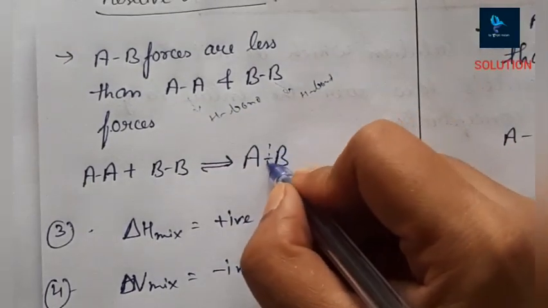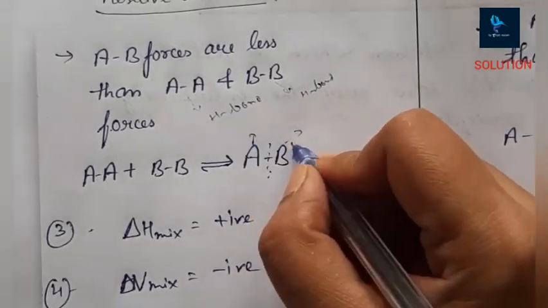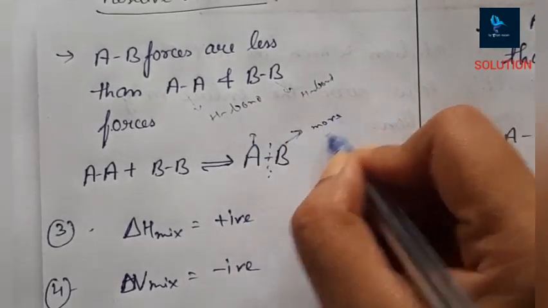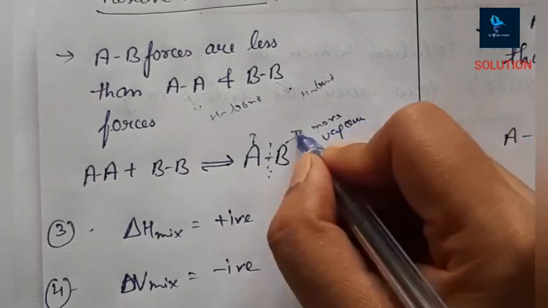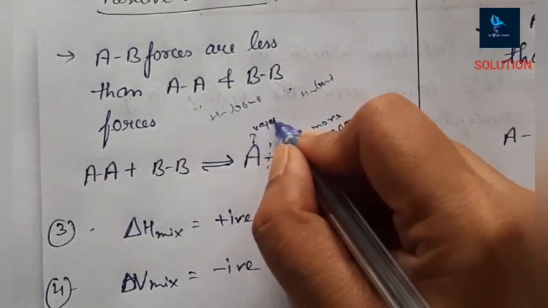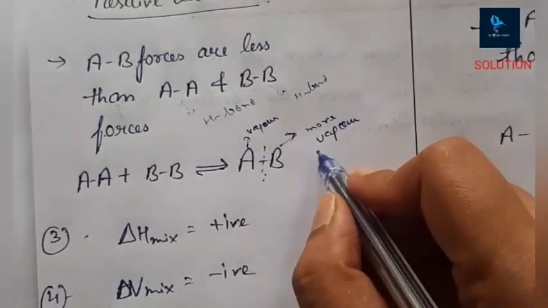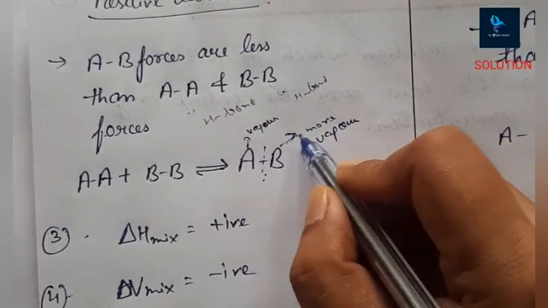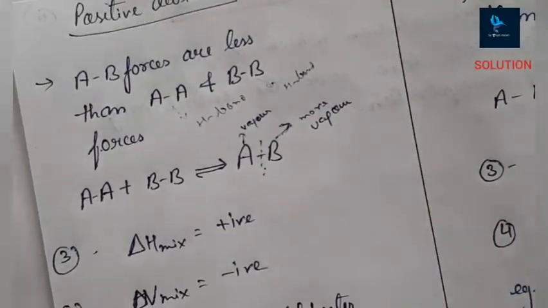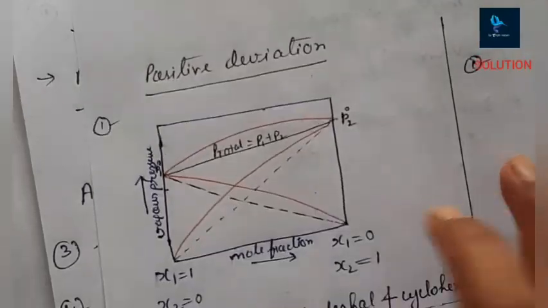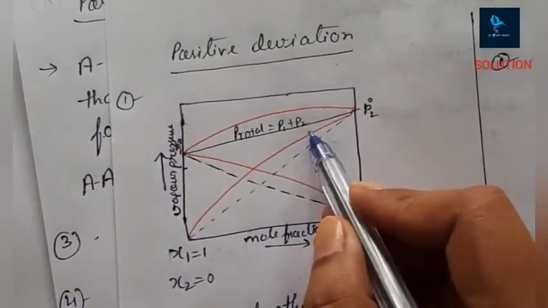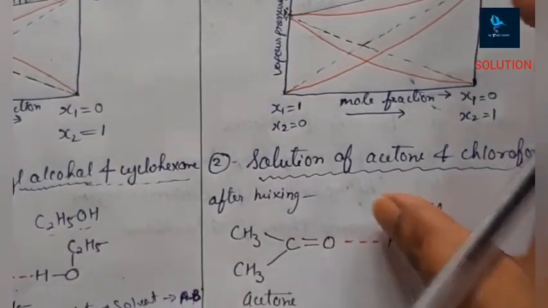That's why it breaks easily, and both components form more vapor. When more vapor and more pressure is exerted, that's why they deviate more from their path.